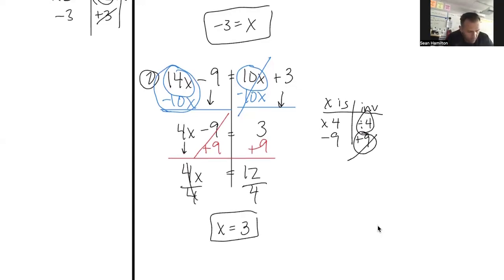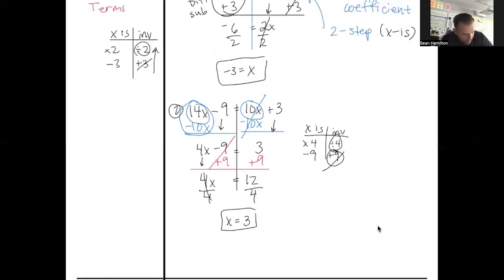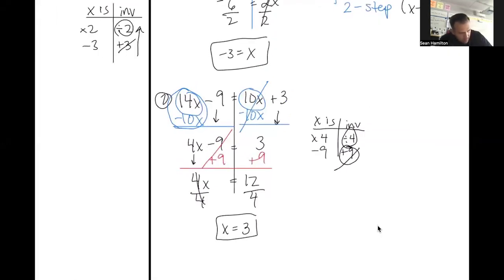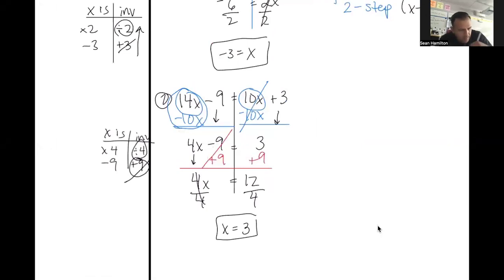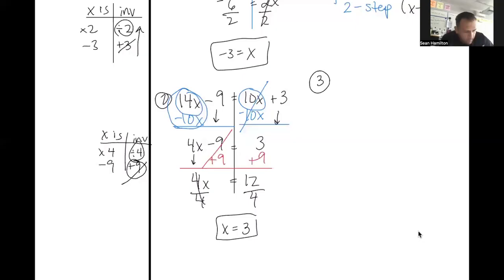Let's do one last one together here. Number 3. Last one here. Negative x plus 2 equals negative 5x plus 38.